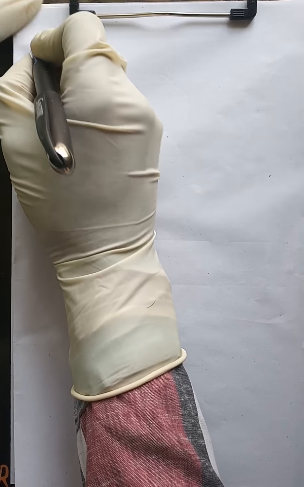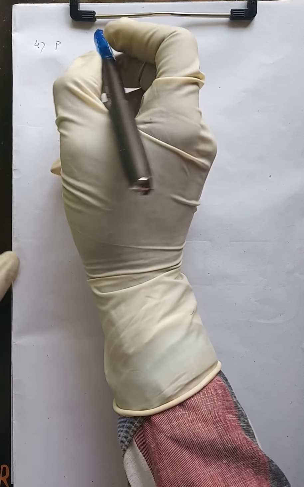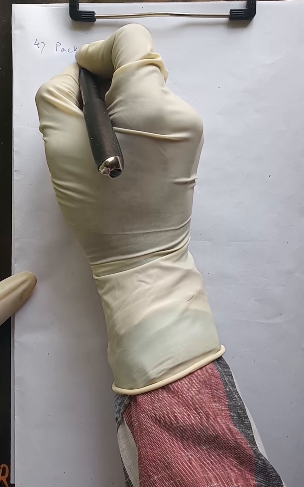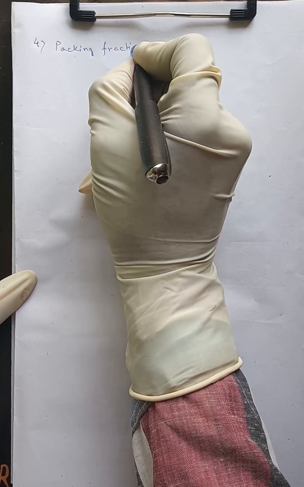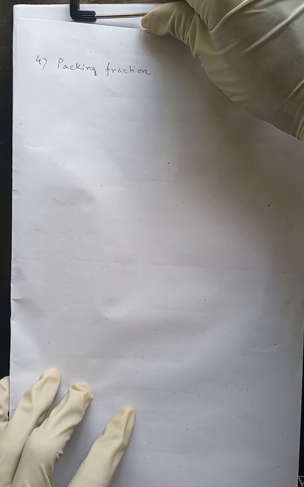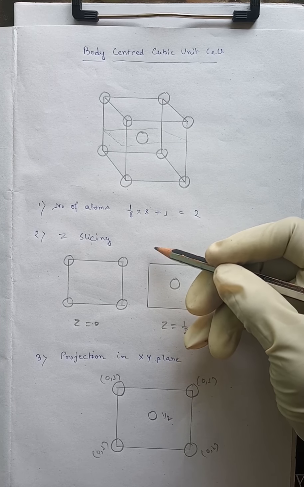Now come to the packing fraction. So in case of this, you have to again consider the structure. See this. This is your body diagonal, okay? Let me draw this.